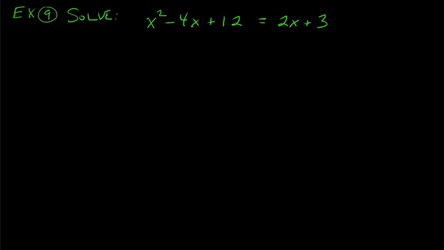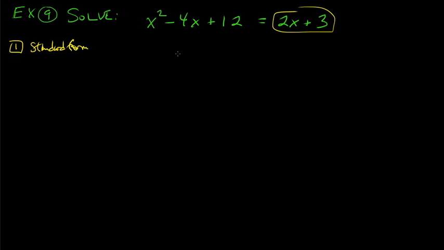Okay, so here's our next example. We want to solve the equation x squared minus 4x plus 12 equals 2x plus 3. All right, so let's go through the same process here. Is this in standard form? No, because it doesn't equal 0.